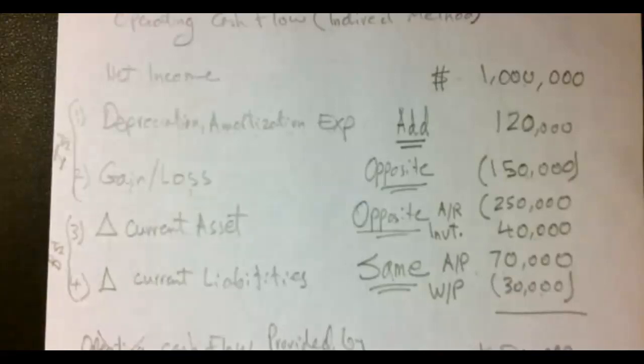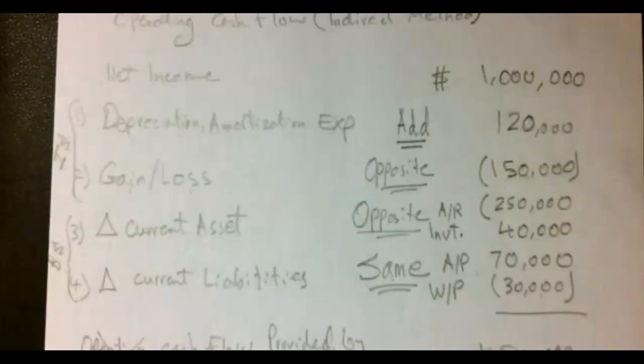In the operating activities, in the income statement, you will recognize a gain or loss, but that is a non-cash gain or loss. So since gain or loss is a non-cash thing, if you have a gain, you do the opposite, which is minus.